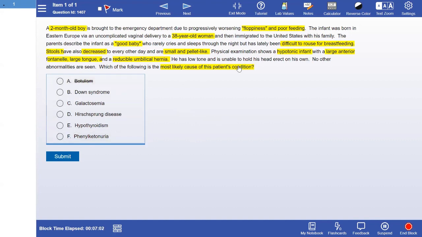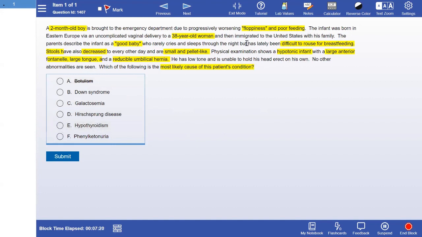Now, just like that, when you go on omitting all the options, then you find out that the most plausible option here is congenital hypothyroidism, right?